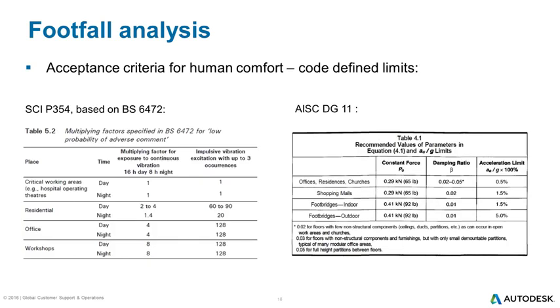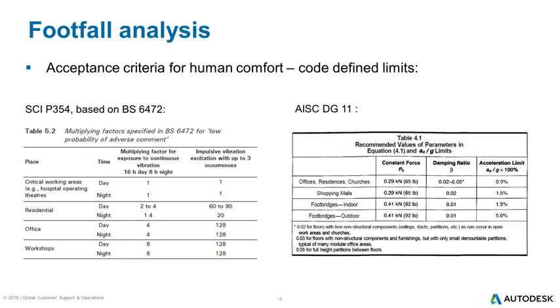Let's have a look at the values of response factor used in practice. For continuous vibrations in floors, usually a response factor equal to 4 or to 8 is adopted, but it may be smaller for residential buildings, hospitals, and other buildings with similar purposes, as you can see in the example from SCI P354 based on British Standard 6472.